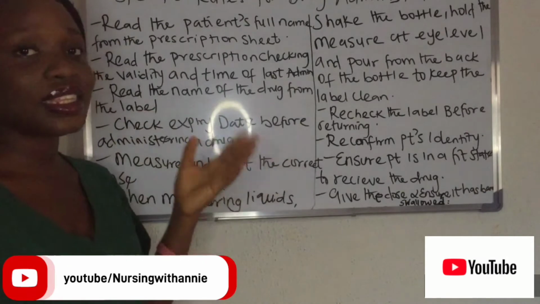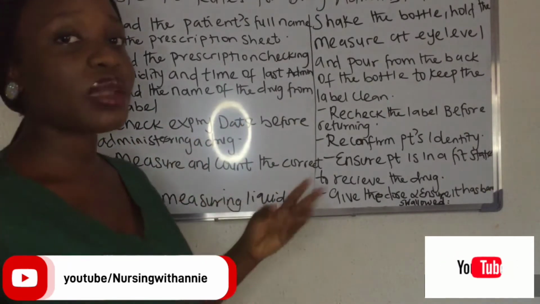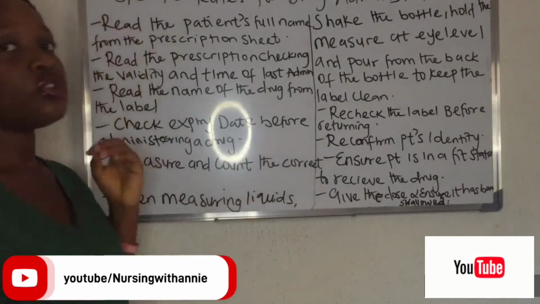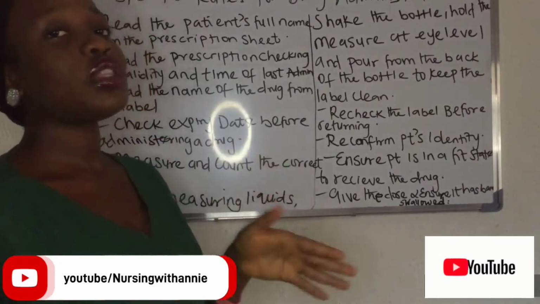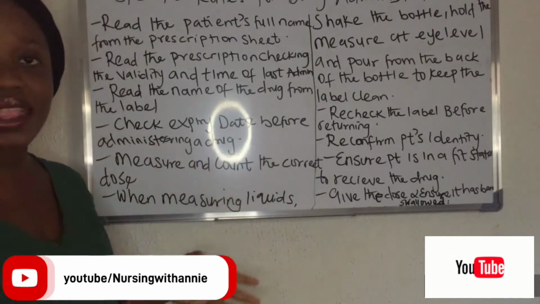That is the sheet the doctor writes the prescription on, because it is the doctors that prescribe drugs. Your own duty as a nurse is to administer the drugs. So you will do well to read out the patient's full name, so you will not administer the drug to a wrong patient, because this has to do with human lives.